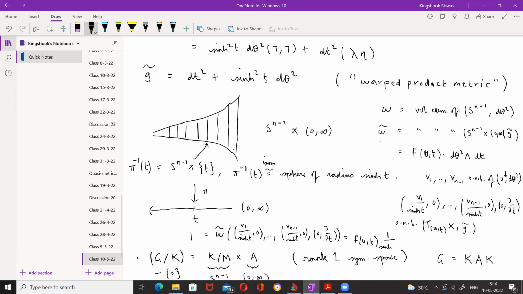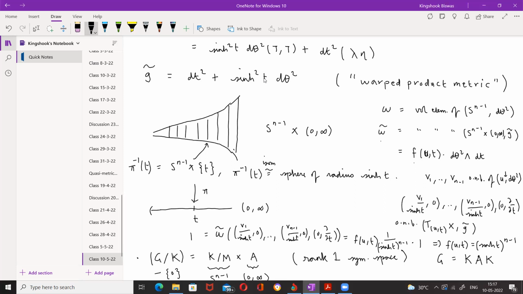And then I get dθ² applied to v1 to v_(n-1) times dt applied to ∂/∂t. That will be 1, so f(ut) is sinh t to the power n minus 1. It doesn't depend on u.